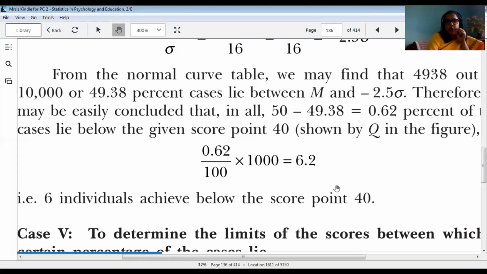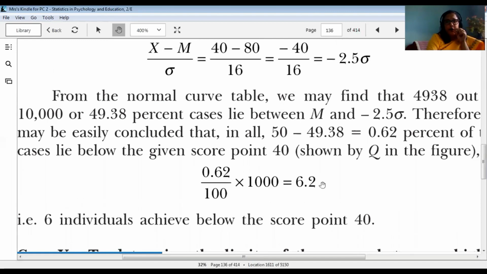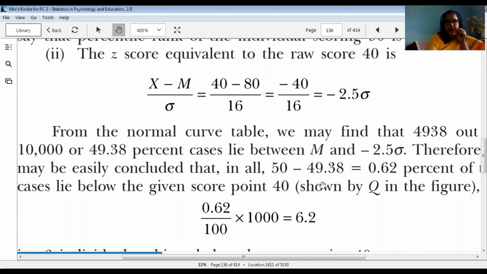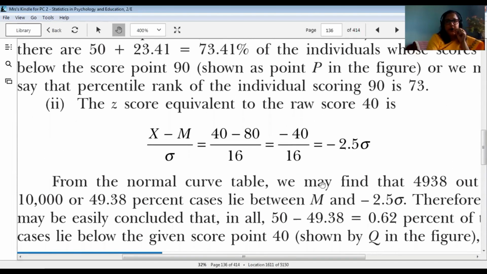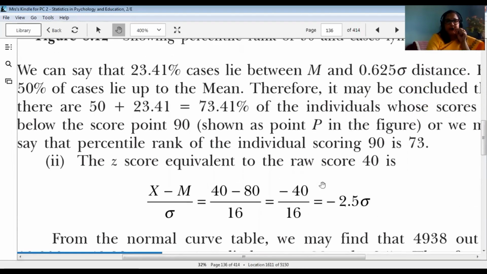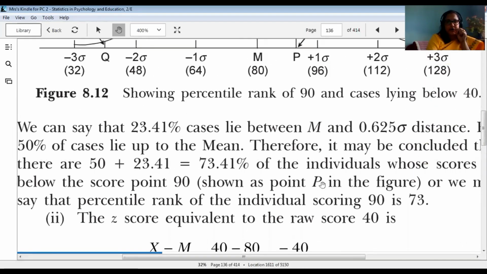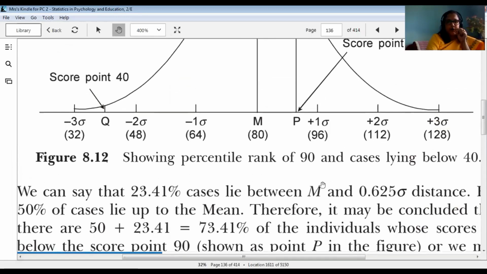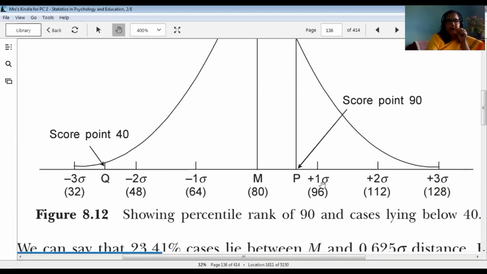Okay. So it is the example number 2 for application 4. And if I come to discuss the graphical representation here, then you can easily understand what it actually means.